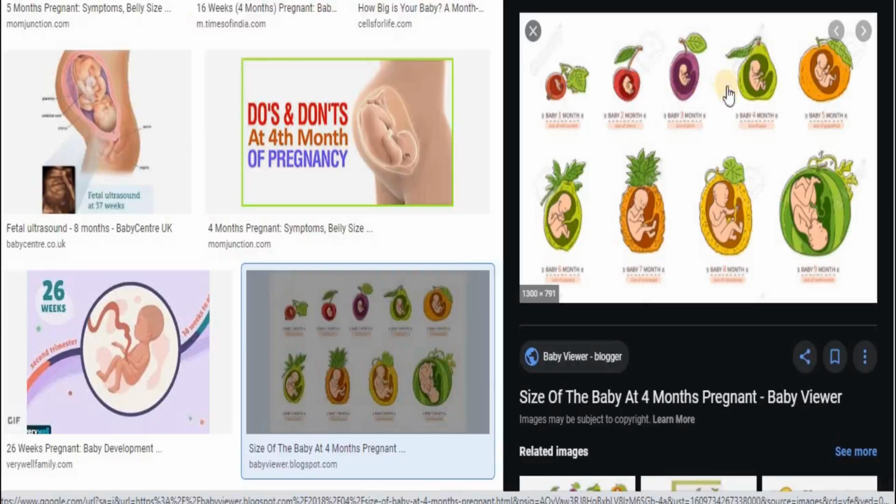Then as the time increases, during the 4th month it's the size of a guava, jamruk के size इतना होता है. Then orange, and then in the 6th month, a big pear. Then a pineapple in the 7th month. In the 8th month, what is this?